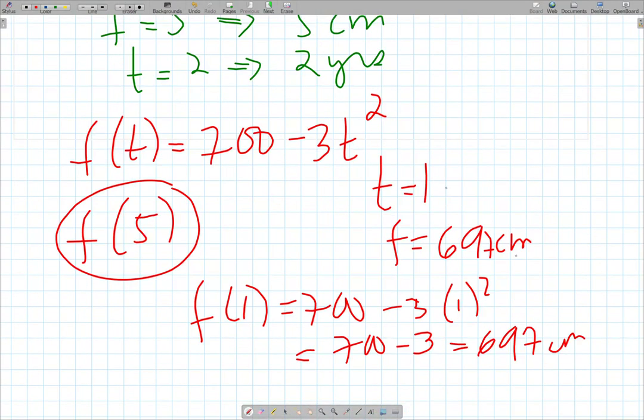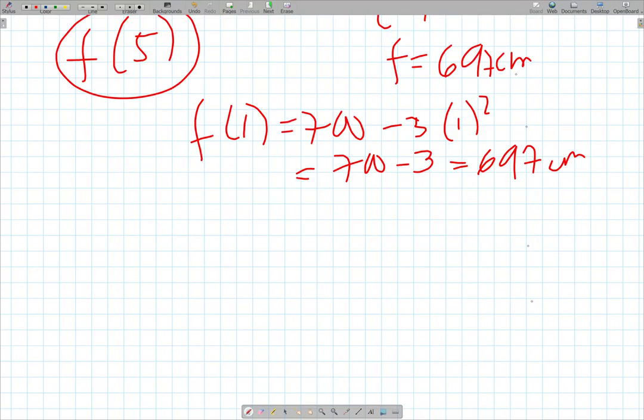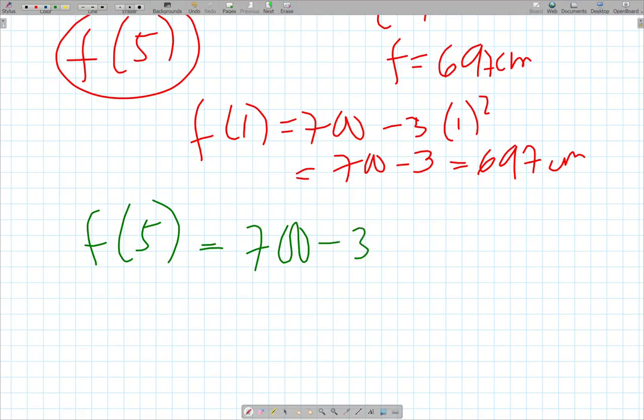Now, he is asking for f of 5. So we will just substitute it. 700 minus 3 times 5 square.